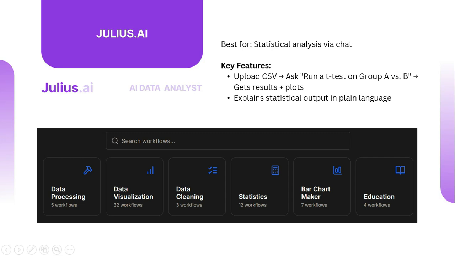There are various workflows like data processing, data visualization, data cleaning, statistics, education related also there. And one more thing I forgot to tell you: if you are a teacher, and if you have a valid institutional letter or ID card, you can always approach these kind of people, right?